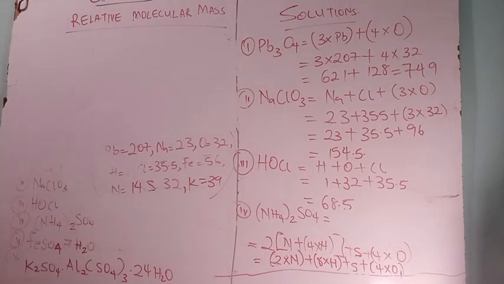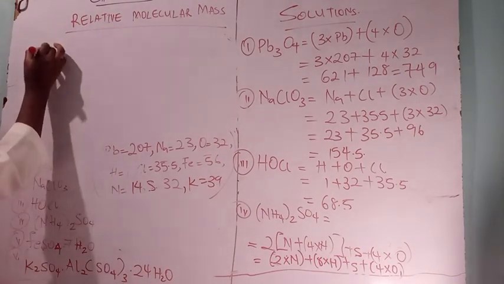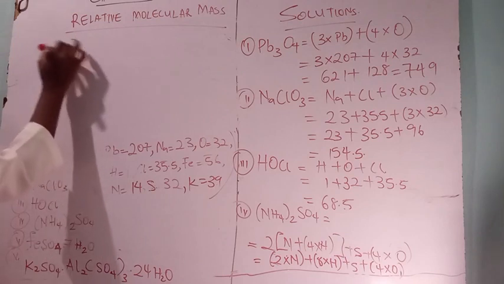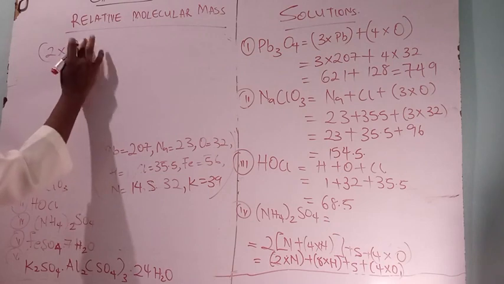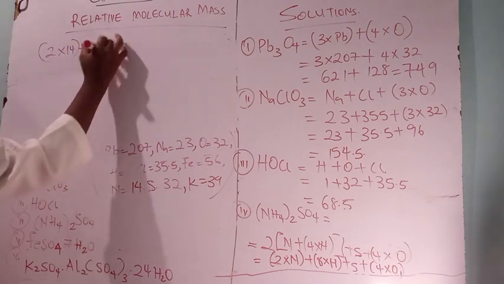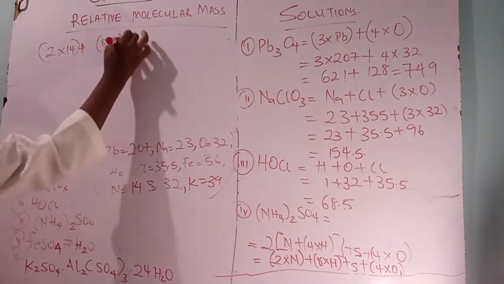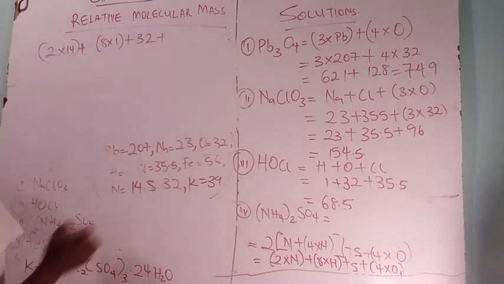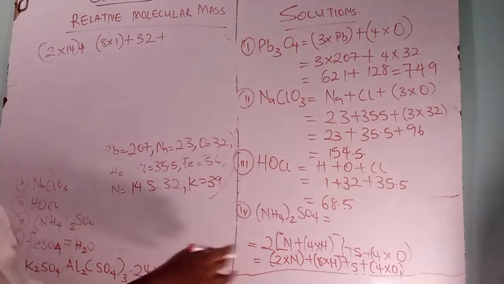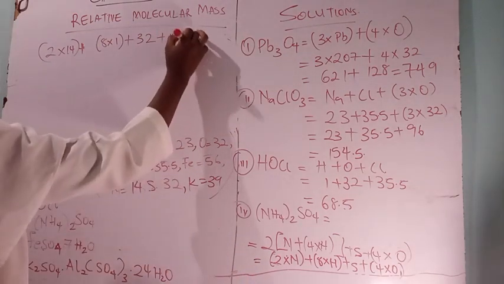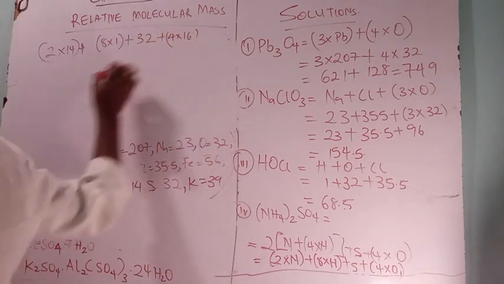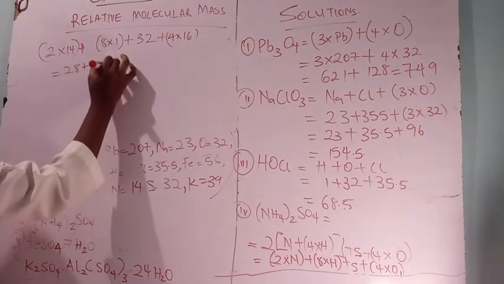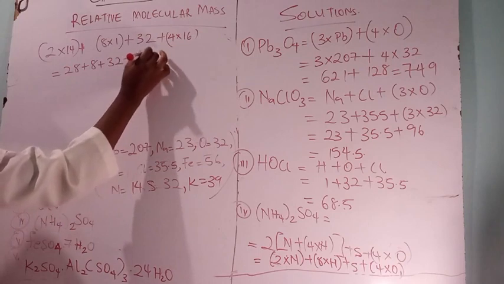Nitrogen is what? Nitrogen is 14. That gives us 2 times 14 plus 8 times 1 plus sulfur 32 plus oxygen 4 times 16 equals 28 plus 8 plus 32 plus 64.